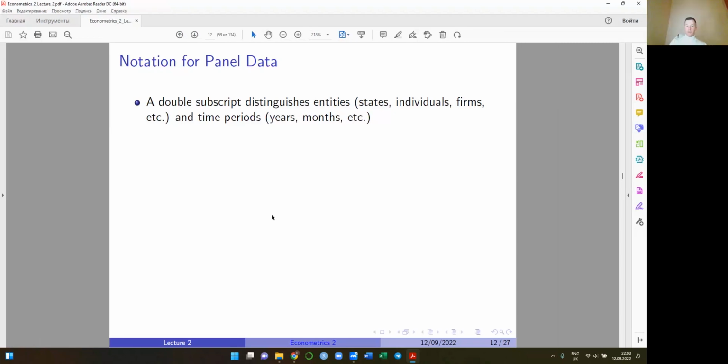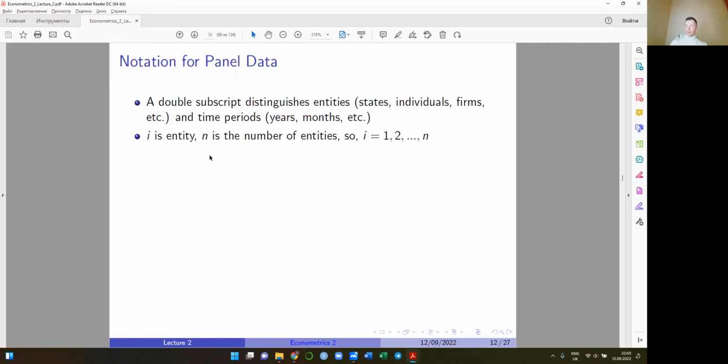Let's move to the notational part. For the panel data, we introduce a specific notation. In this notation, we have a double subscript that distinguishes entities and time periods. So entity is usually denoted with the letter i. Overall, we have n entities.